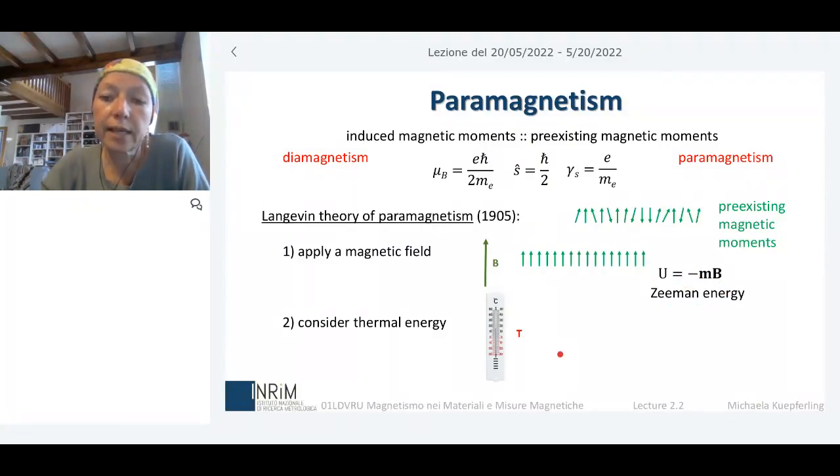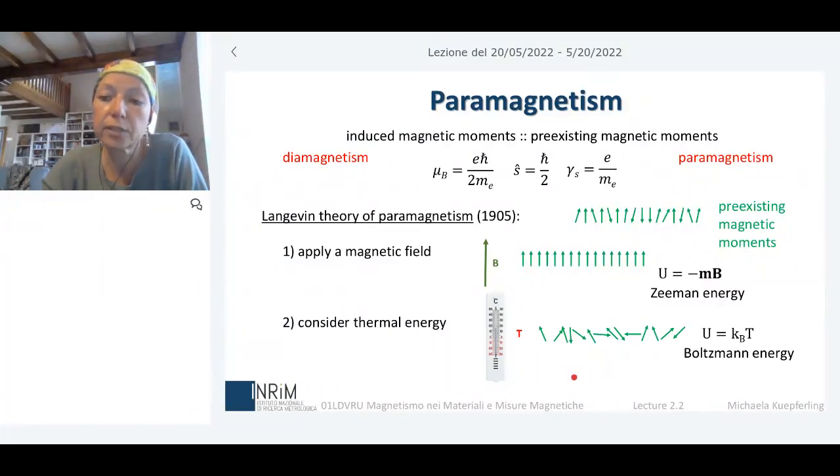On the other hand, we have to consider the thermal energy. So all magnetic moments will be moved, shaken by the temperature. And in this way, if the temperature is high enough, we will get zero magnetization, because the overall magnetization of magnetic moments pointing in all kinds of directions will be zero.